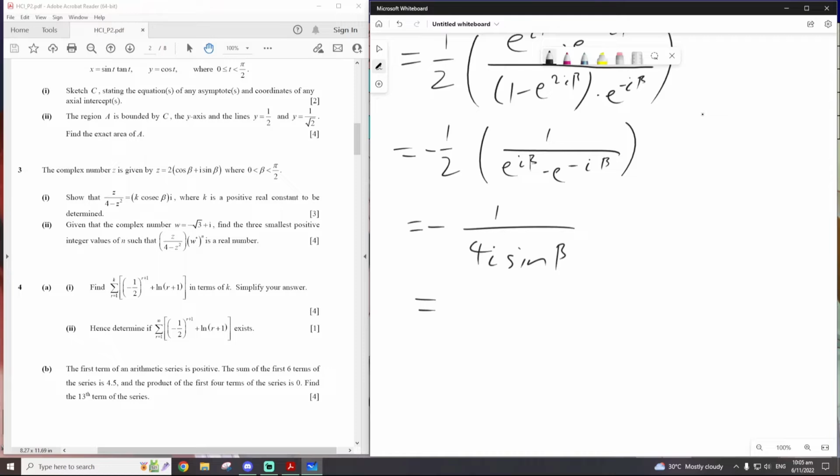So that's the cosecant beta settled. But what is negative 1 over 4i? If you multiply the top and bottom by i, you will get negative 1, so it becomes positive. So it becomes quarter i cosecant beta. Hence k is 1 over 4.